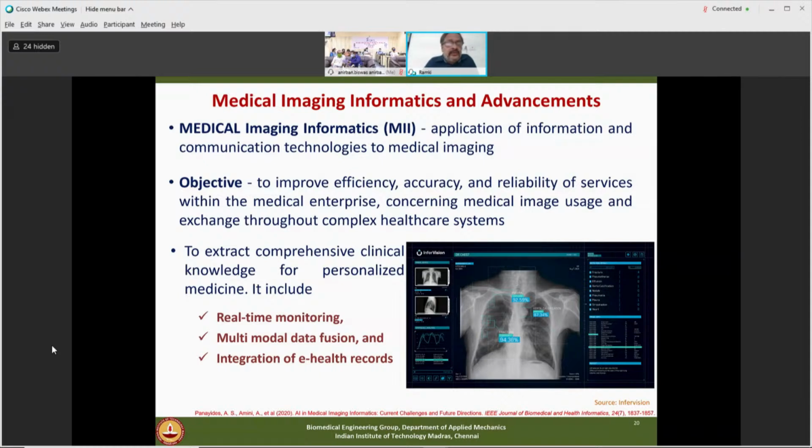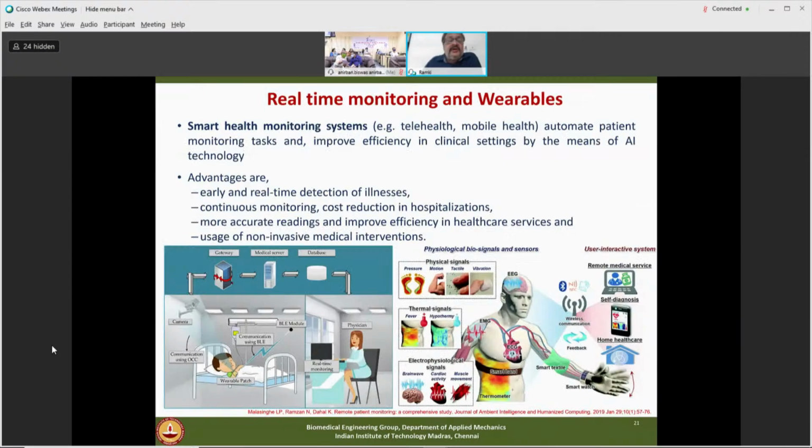So now what we do is real-time monitoring of imaging, image acquisition, continuous monitoring, multimodal data fusion in real time, and integration of legal data records. The medical informatics community can help us get to the next step.